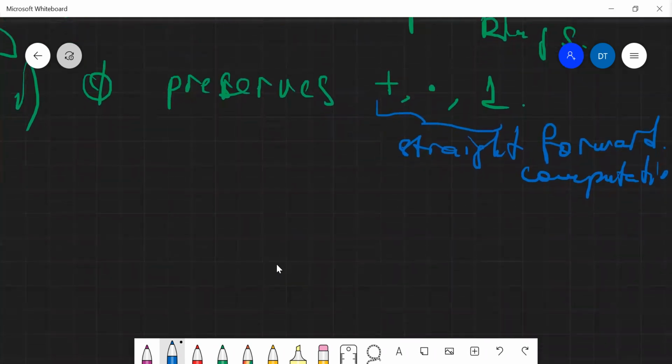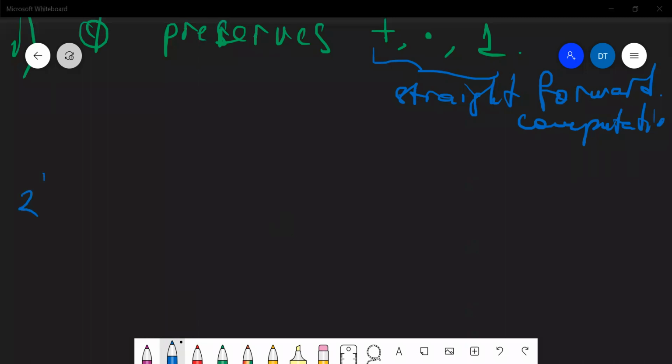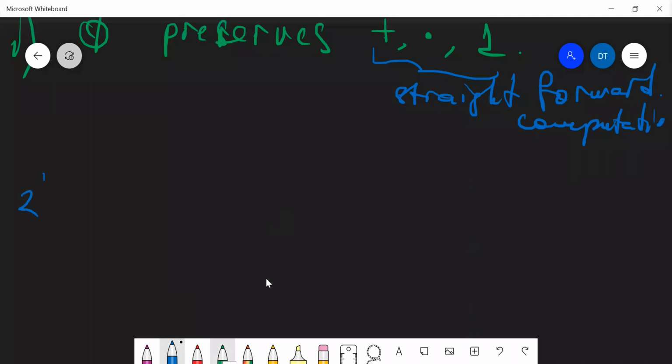But let me switch to the second part. I just want to explain why this map is an isomorphism. In order to show that, we need to show that it's injective and surjective. I'll show the injectivity first, and then I'll show how to prove that the map is surjective.